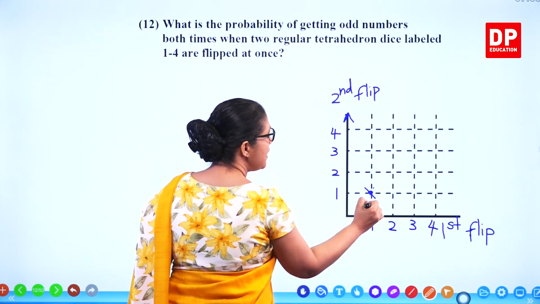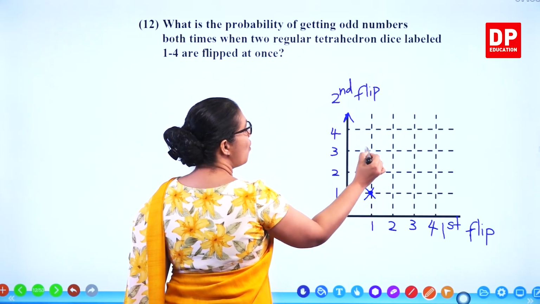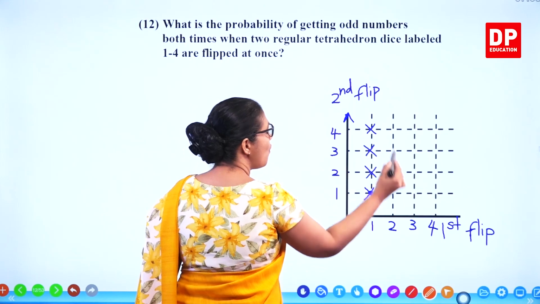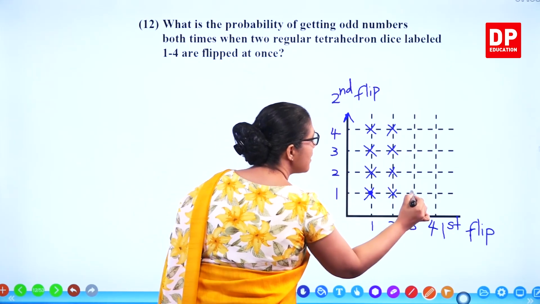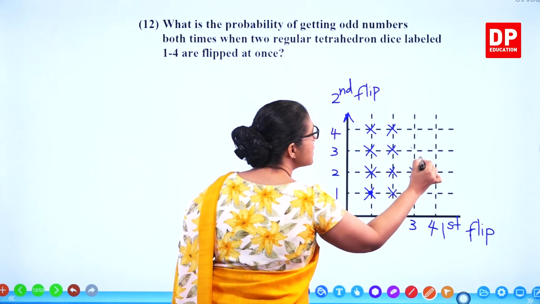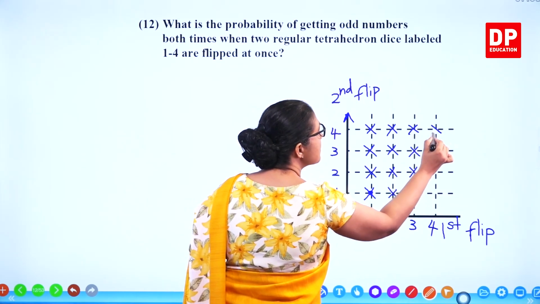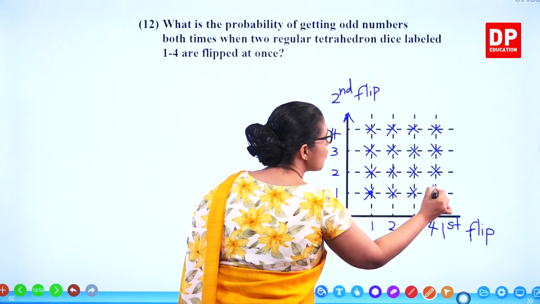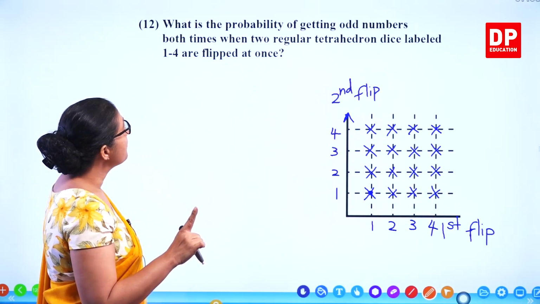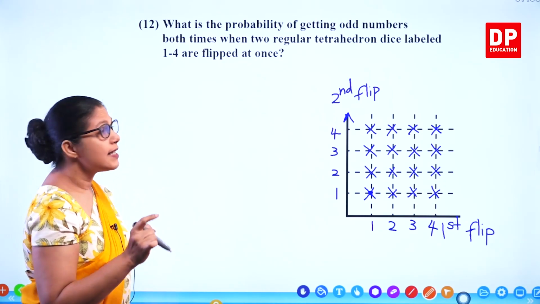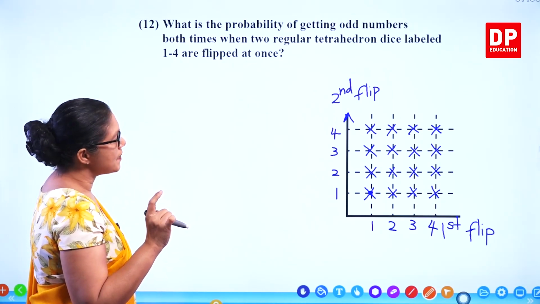The other possibilities are 1 and 2, 1 and 3, 1 and 4. So how many possibilities do you get altogether? 4 times 4, 16 possibilities. So altogether 16. Now we need to find the probability of getting odd numbers both times.